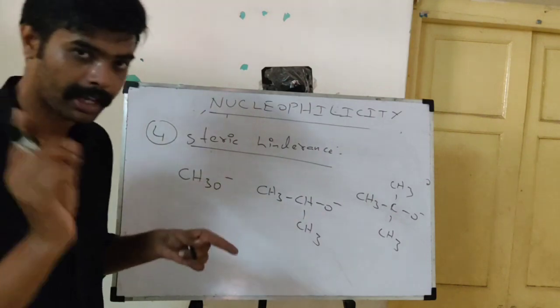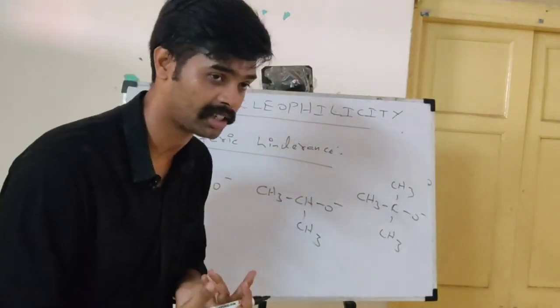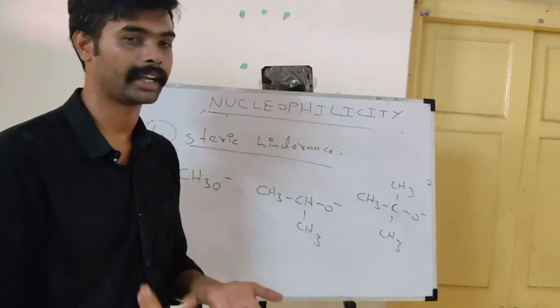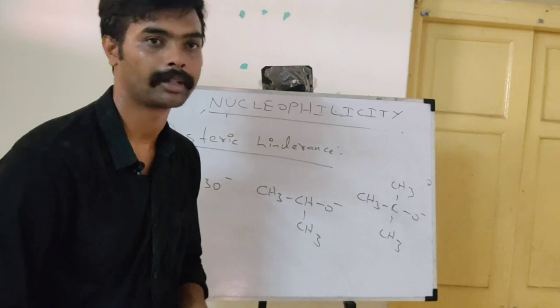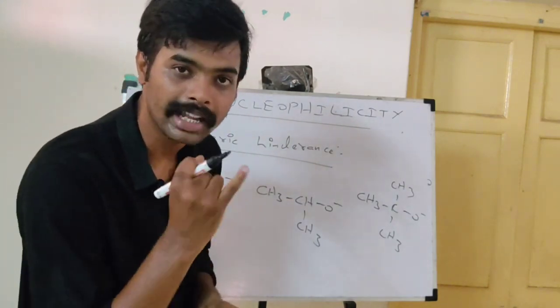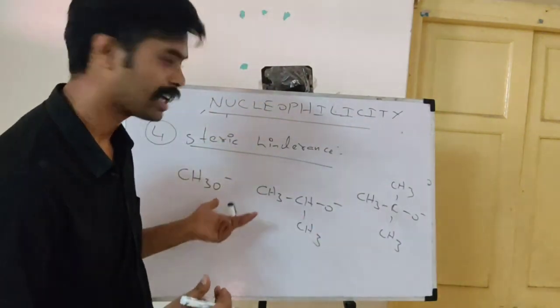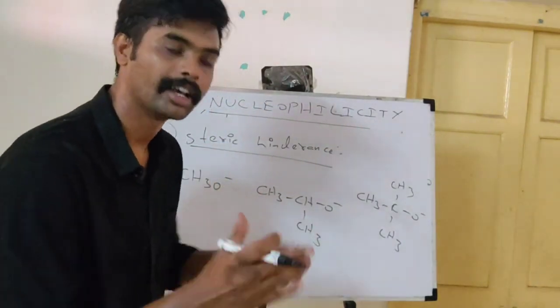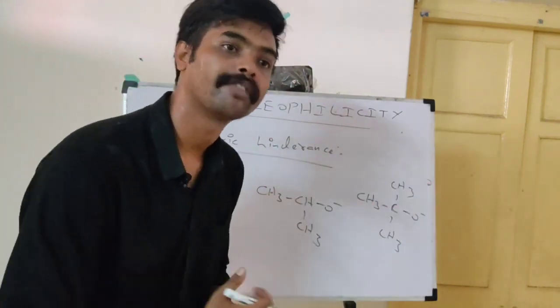Now again, remember that nucleophilicity is a kinetic term, it's about how fast the reaction occurs. It's all about a running race. We can take a general real life example. I have a guy who is a little bit stout, and I have a guy who is very lean. So definitely the guy who is leaner can run faster. The same thing goes here. The one having the least crowdedness will be able to move faster and attack the electrophile in a faster way.